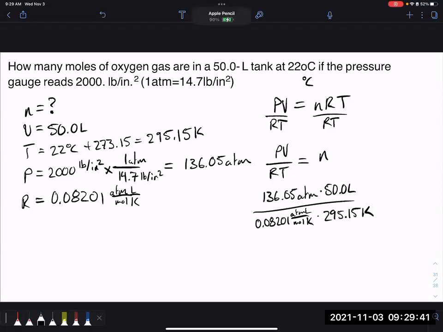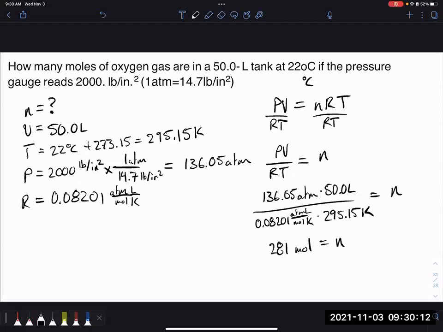Okay. So 136 times 50 divided by 0.08201 divided by 295.15. So we're going to get 281, 3 sig figs, 281 moles of gas.